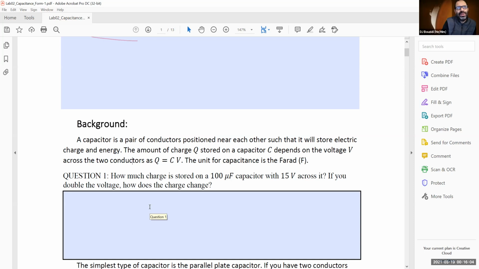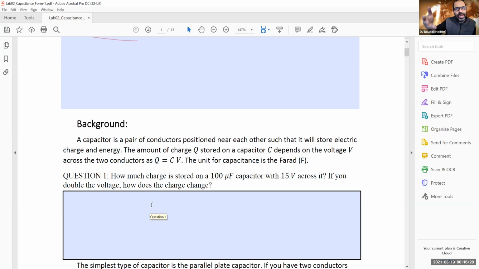I would answer this question, if it asks for me, to show that I'm really not just filling any nonsense in there and last minute things in here. I say the following: for a capacitor of capacitance 100 microfarads and a voltage difference of 15 volt across it, the charge is, then I can do the math.